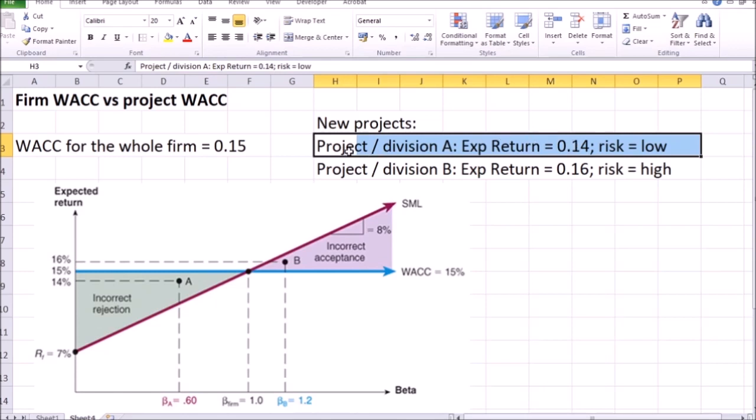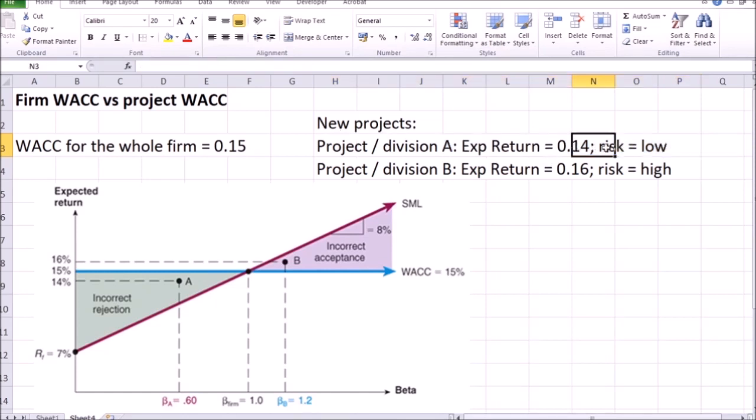If I disregard the level of risk associated with a particular project, I might incorrectly reject this project A, thinking that its expected return on investment is not high enough to cover the cost of capital for the firm. However, since the risks associated with this project are low, perhaps the cost of capital that I have to compare the expected return with should also be adjusted somewhat lower.